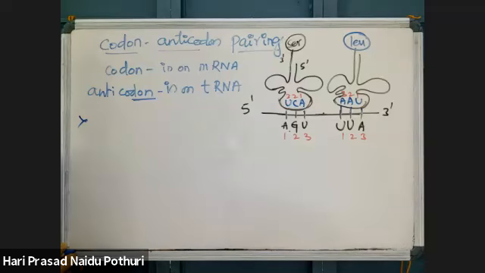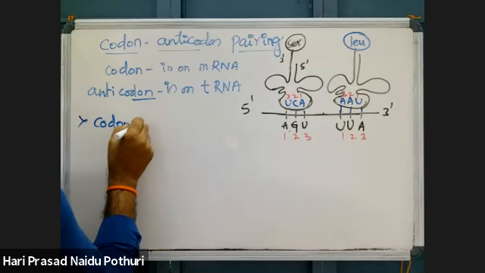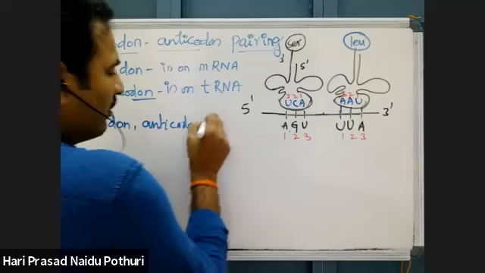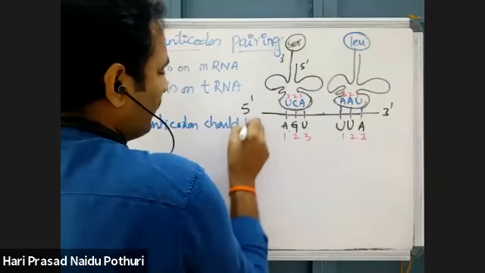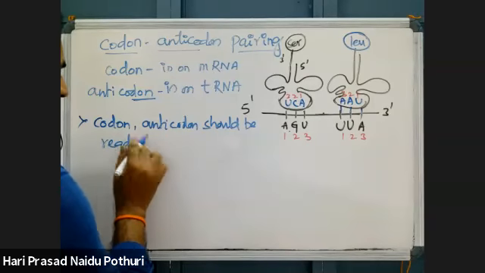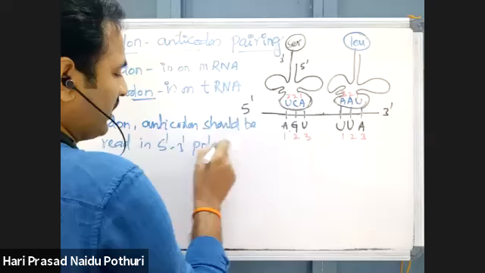See, I told you how to write codon and anticodon. Whether it is codon or anticodon, it should be read in 5 prime to 3 prime polarity.